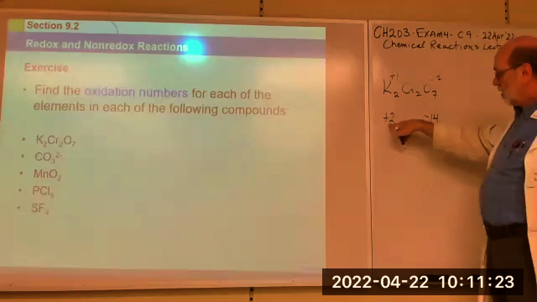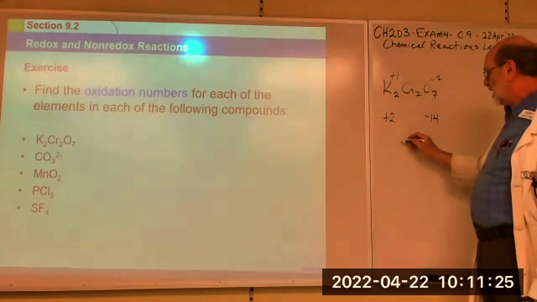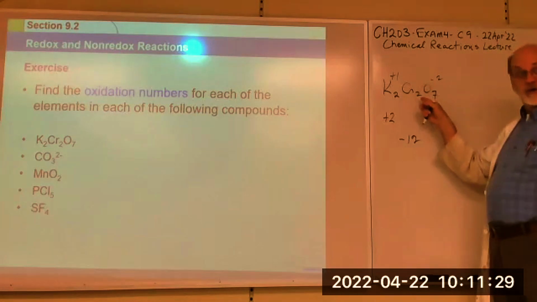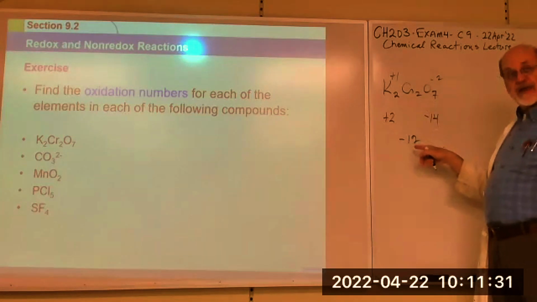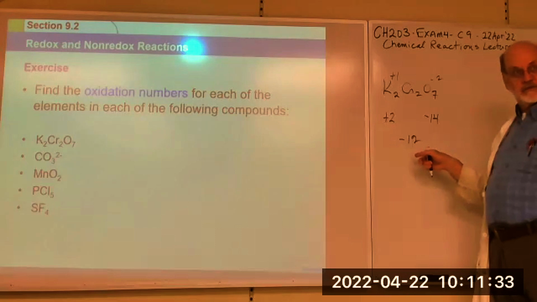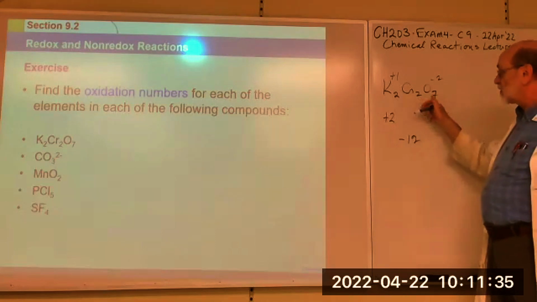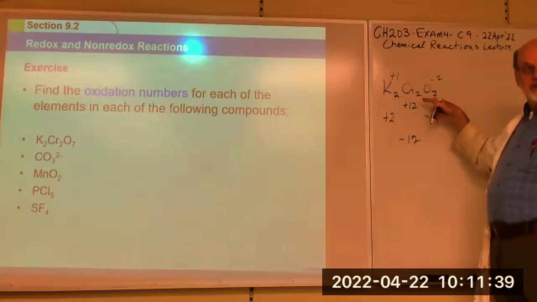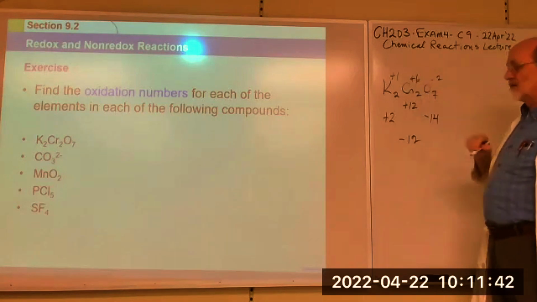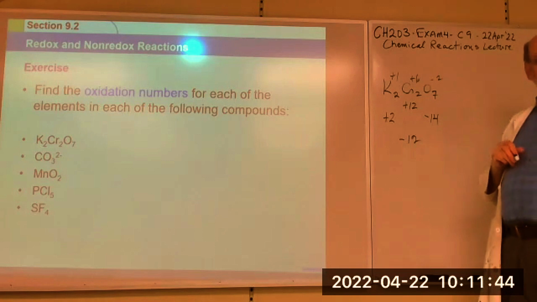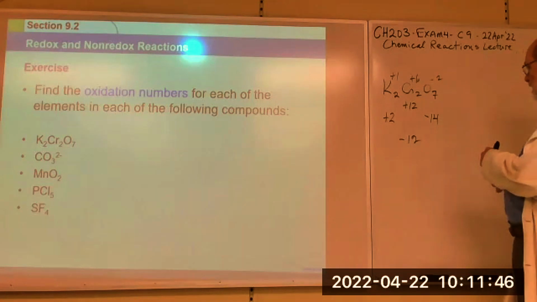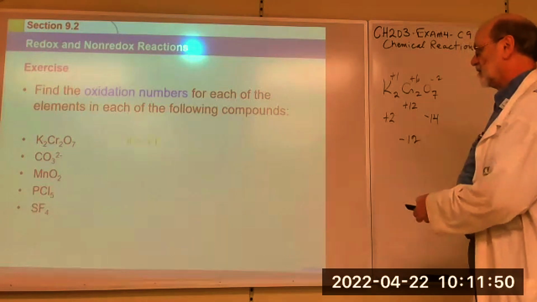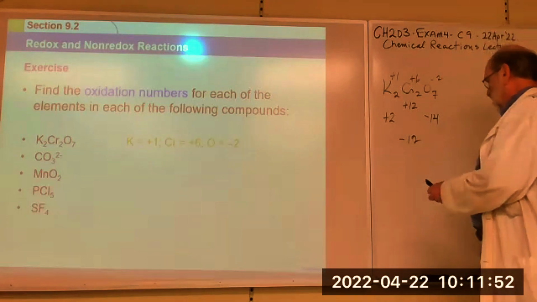Okay, so +2 and a -14 is -12. That means that the leftover, this chromium, has to balance that -12 with a +12. So these two together have to be a +12. That means each one of them has to be a +6. Okay?